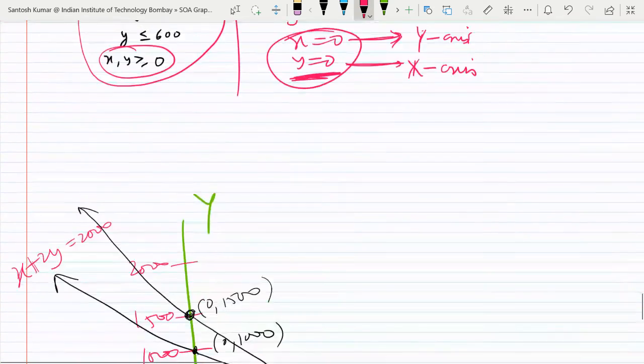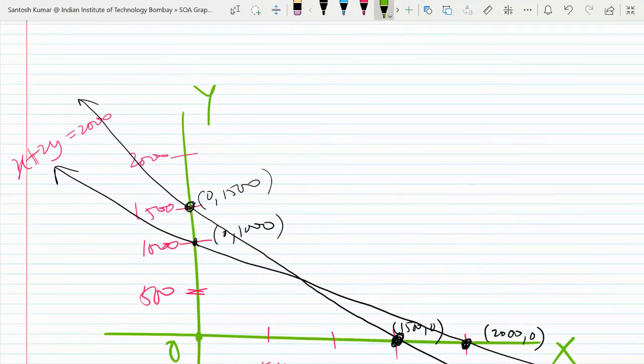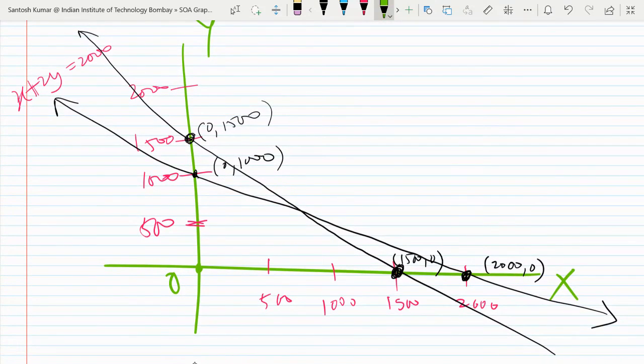The third line is y is equal to 600, so you select 600 on the y-axis. 500 is here, 1000 is here, and somewhere in between is 600. Suppose this is 600, so draw the line. But I have to make sure whether it intersects there, so we first have to find the intersection points. Can you find the intersection point of these two lines? It will give an idea how to do this.